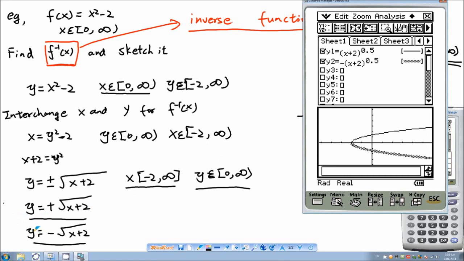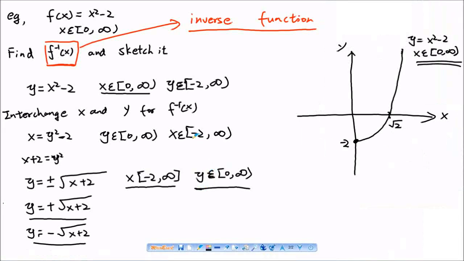It's the graph of y equals minus square root of x plus 2. From our calculation, where we interchange x and y, we find the range. The range of the inverse graph is from 0 to positive infinity.